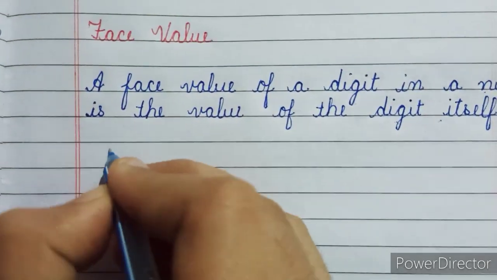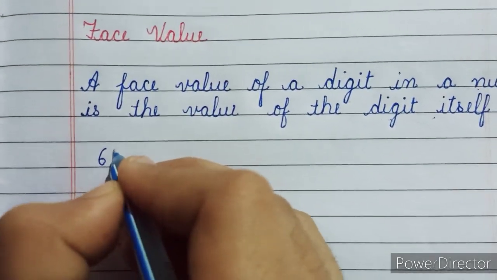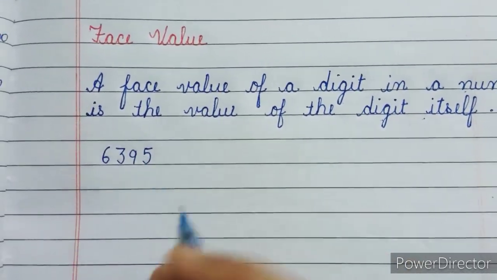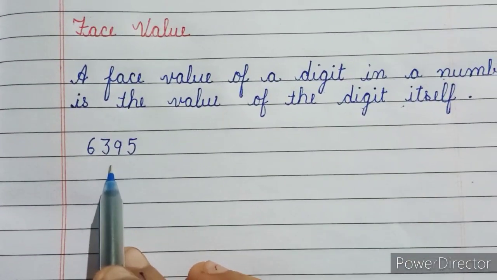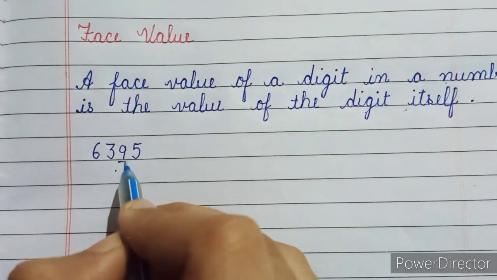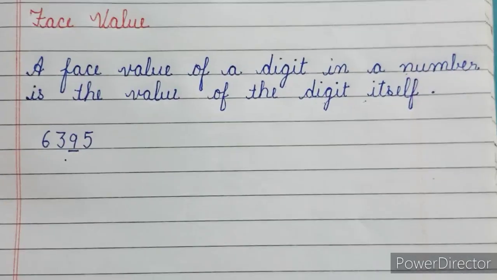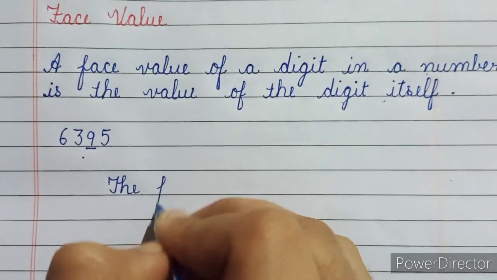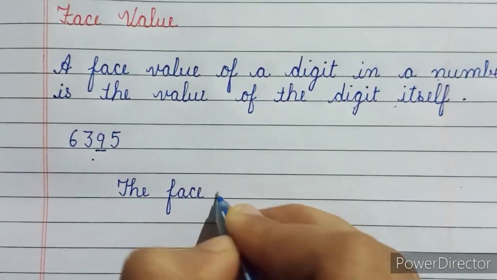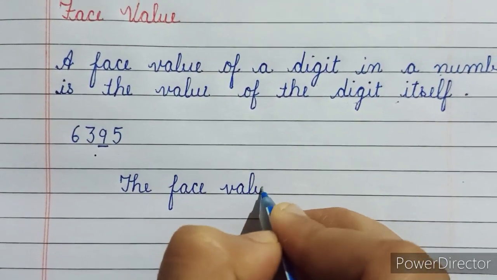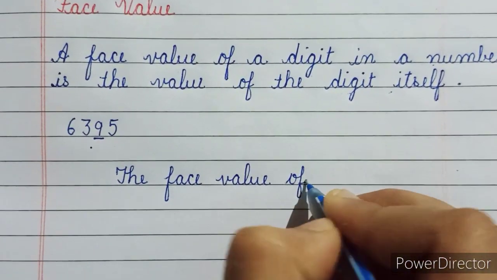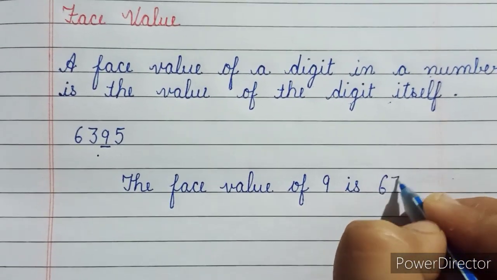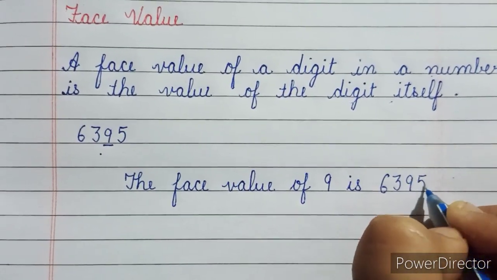6395. The face value of 9 in 6,395 is 9.